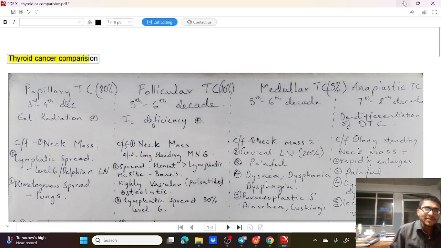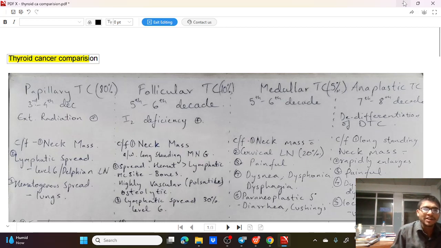Thyroid cancers can be classified as differentiated thyroid cancers, undifferentiated thyroid cancers, and others. In the differentiated thyroid cancers, we have papillary thyroid cancer, then the follicular thyroid cancer, and Hurthle cell thyroid cancer.